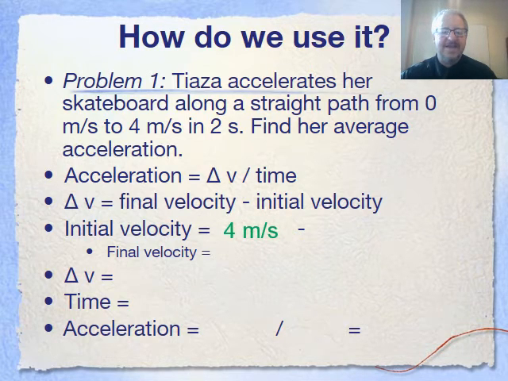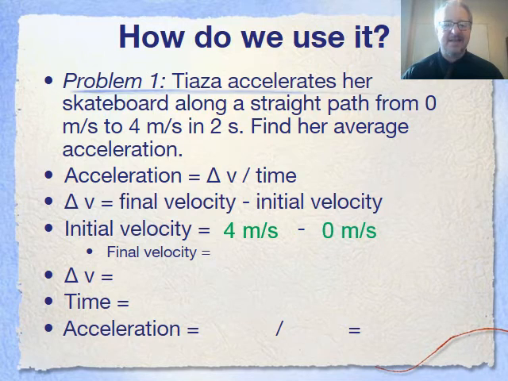So we need to take our 4 meters per second from our story problem. That's her final velocity. She started at 0. She ended at 4. So that's the final velocity. And our initial velocity, she started at 0, so it's 0 meters per second.